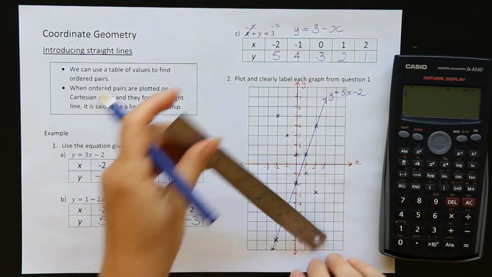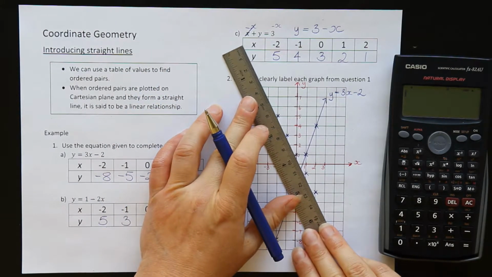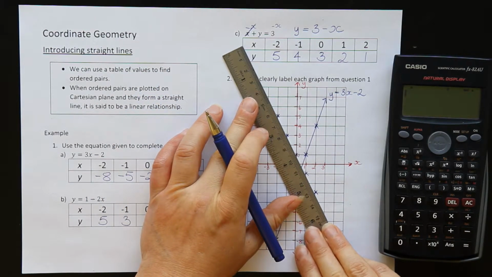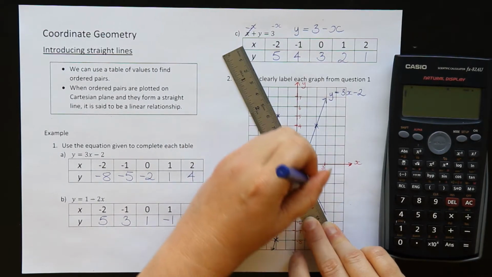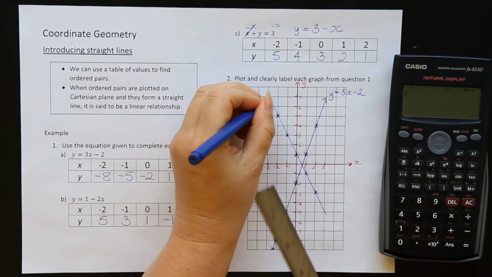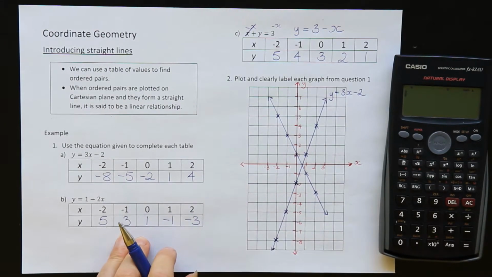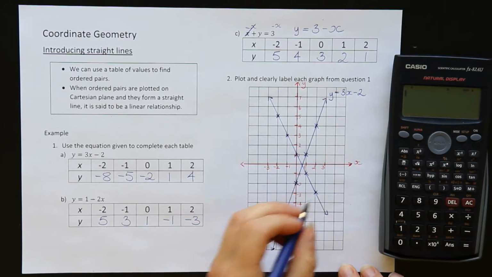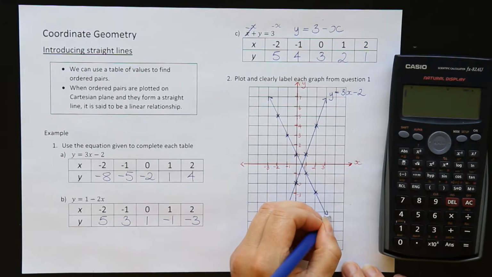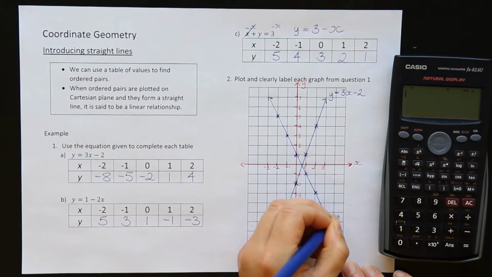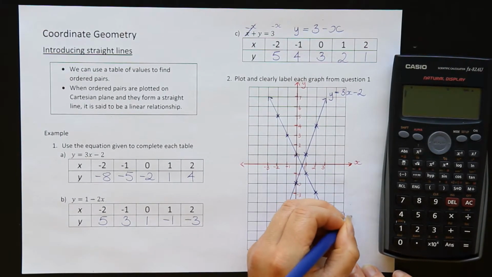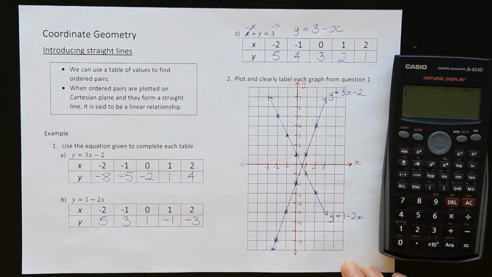Okay, again, get the ruler. Line up all those crosses. We put arrows on the end to show that that line could keep going if we wanted to find more values. And that line had the equation y is equal to 1 minus 2x.